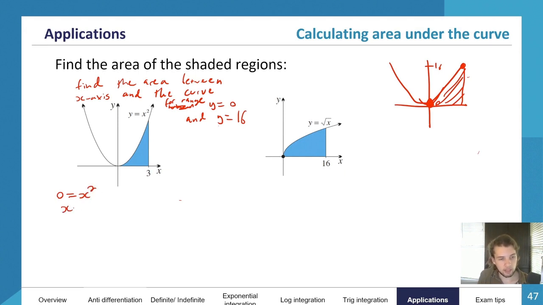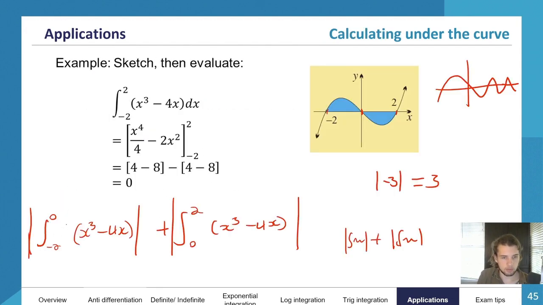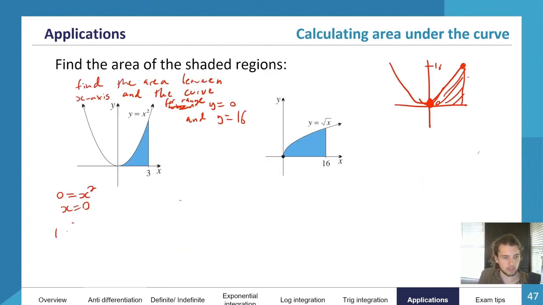That means x is equal to 0 in that scenario. So one of our values is x equal to 0. And for the other, we have 16 as y, so 16 is equal to x squared. That means x is equal to plus or minus the square root of 16, which is equal to plus or minus 4.